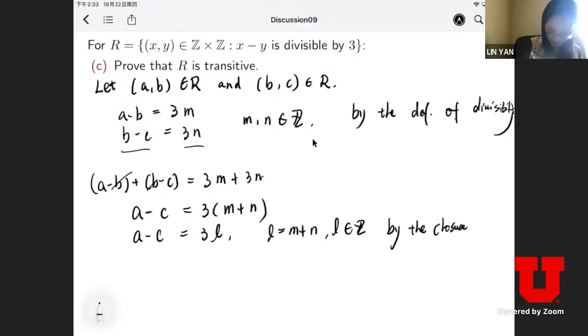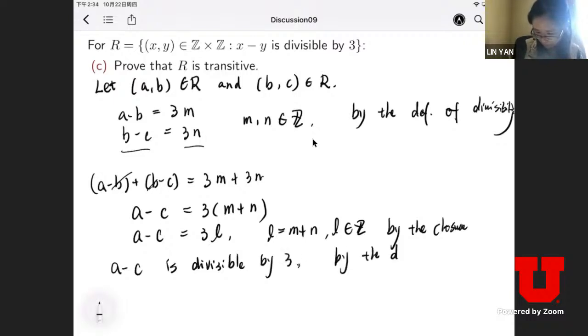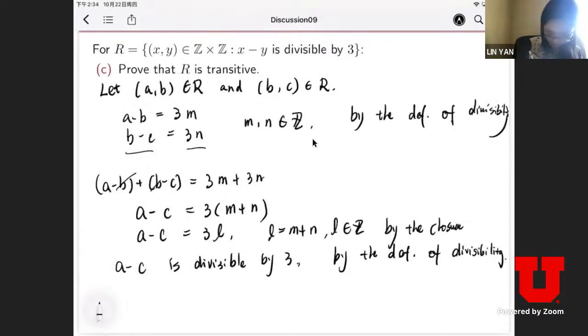And then we have a minus c is divisible by 3 by the definition of divisibility. Therefore, (a,c) is in R.